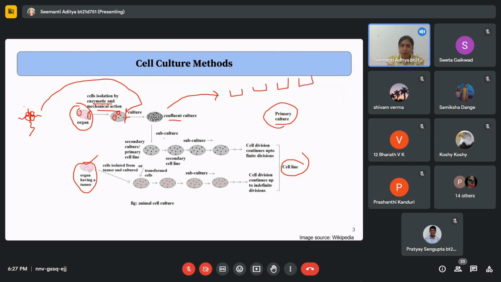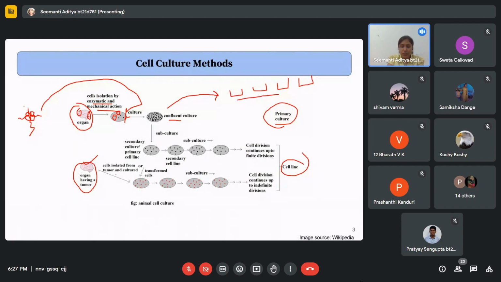Depending upon how many cells there are initially after mechanical disintegration, we count the number of cells in a hemocytometer and then plate them equally. Or another method is to centrifuge the cells into a pellet. Suppose in the pellet we add 400 microliter of media and take 100 microliter for each plate. So it is again equally split.